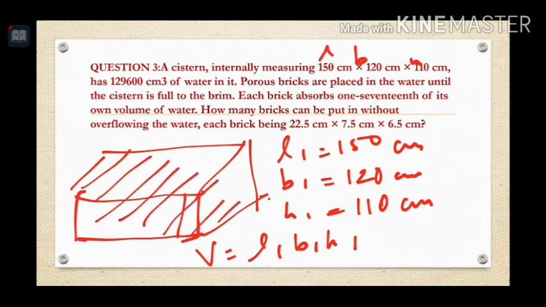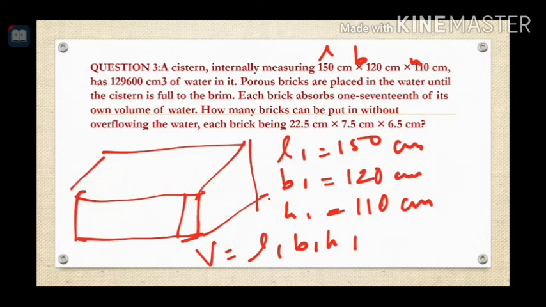Now, inside this piston only 129600 centimeter cube of water is there. So it is not completely filled with water. Therefore the remaining empty space is equal to the volume of this piston minus 129600.